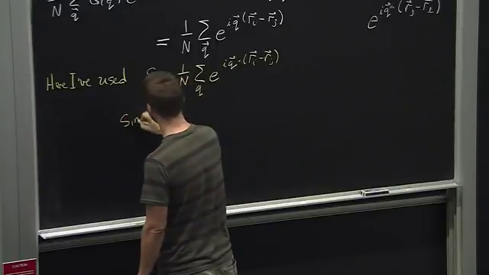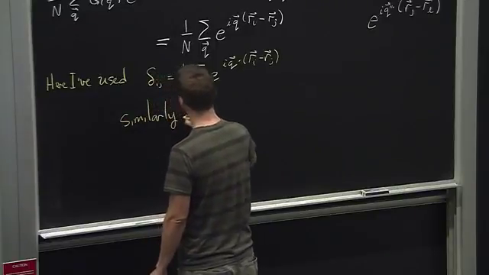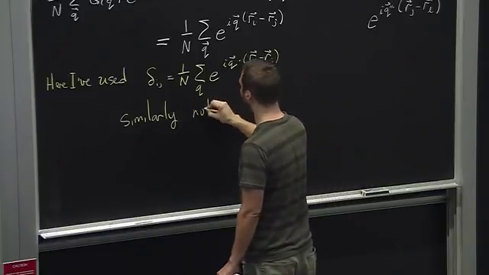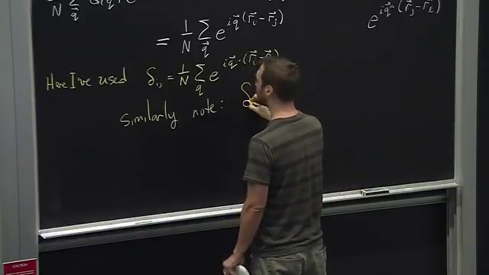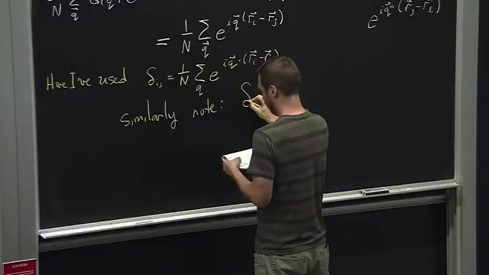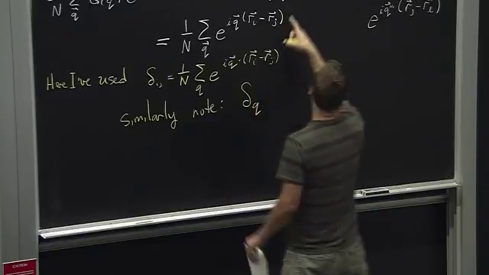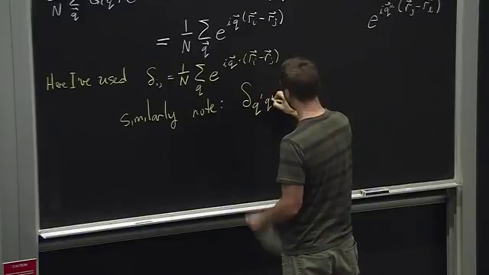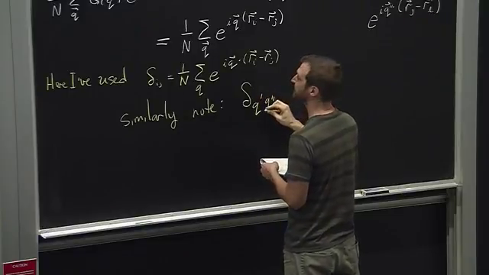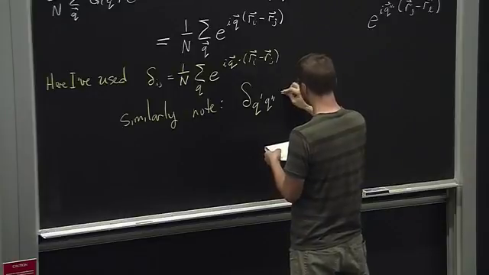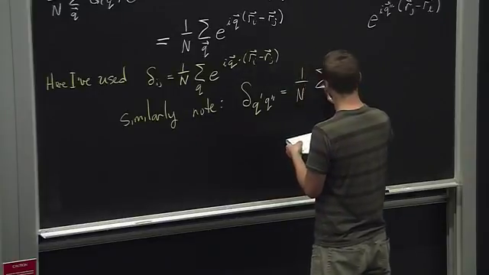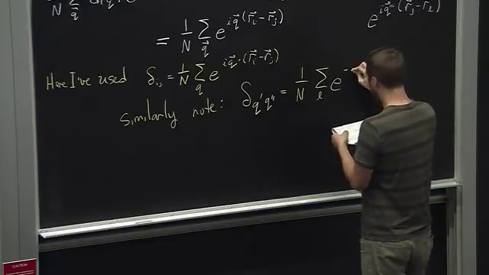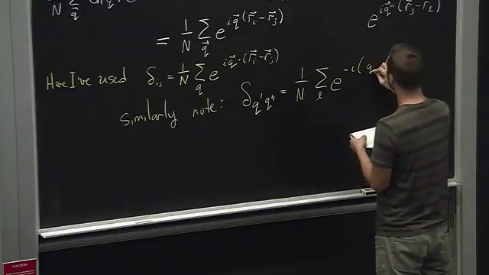And similarly, you can use the delta function also in Q space. So I'll call it Q. Well, I'm going to use it here. I'll call it Q prime, Q double prime. So the inverse transform, just need that minus sign there.